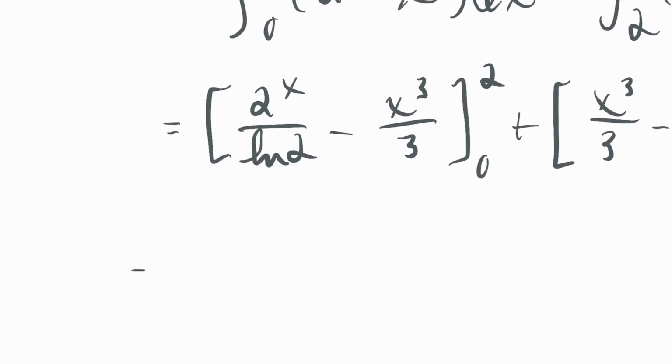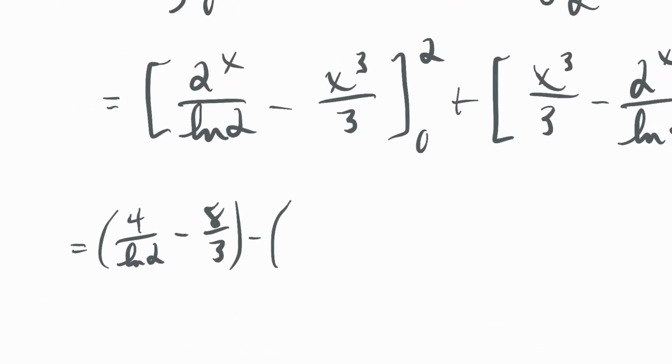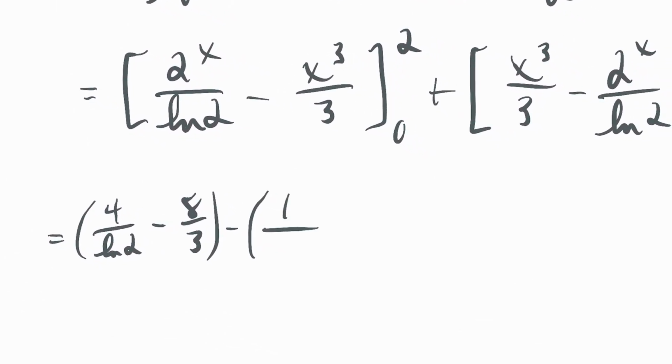So this will be, well, 2 squared is 4 over ln 2 minus 8 thirds, minus, so 2 to the 0, that's 1, so 1 over ln 2 minus 0, right?